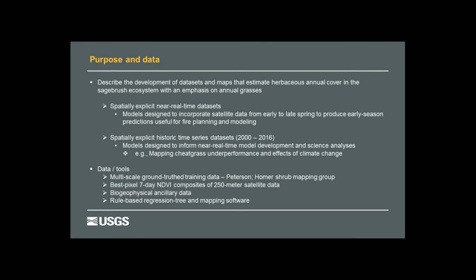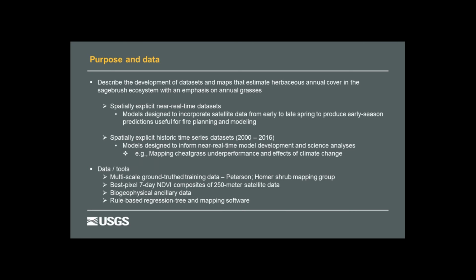The near real-time data sets are designed to provide a timely estimate of early herbaceous annual cover for fire planning and modeling. The data and tools that we have used include multi-scale ground truth training data. This is both Eric Peterson's data from northern Nevada and the Oahe uplands, and then Colin Homer's shrub mapping group's data through much of the western United States.